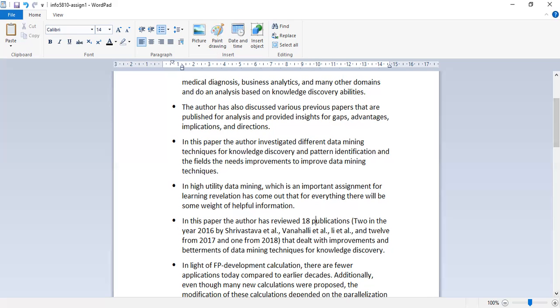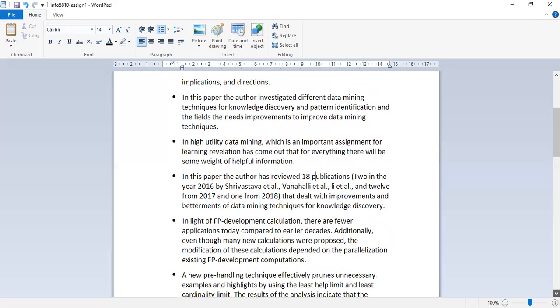There is also a point in the paper that in light of FP growth algorithms, there are fewer applications today compared to earlier decades. Additionally, even though many new algorithms were proposed, the modifications of these algorithms depend on the parallelization existing in FP growth computations.